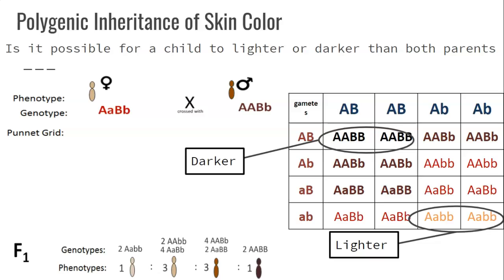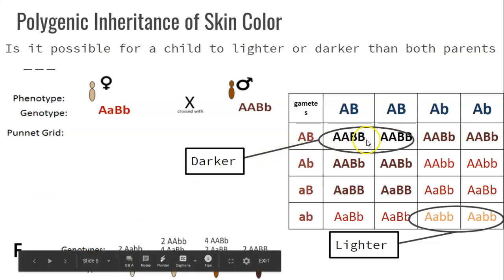Here, the mother has 2 contributing alleles and the father has 3 contributing alleles. When you make all of the possible gametes for both mom and dad and put them into this Punnett square, you can see that some of them are going to be darker and some lighter and some kind of in the middle, right?